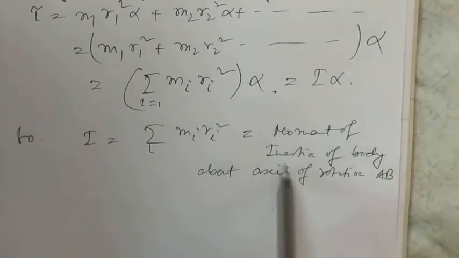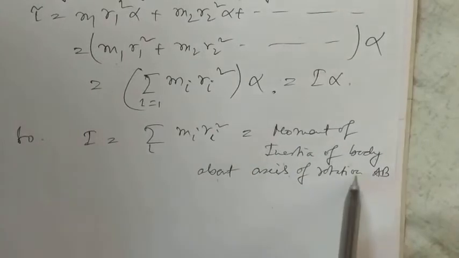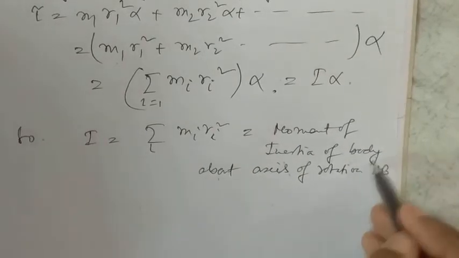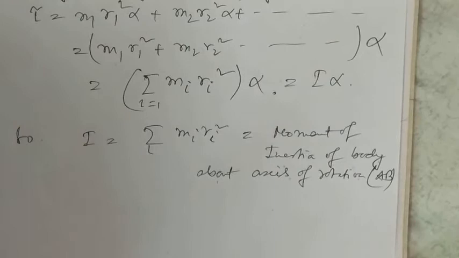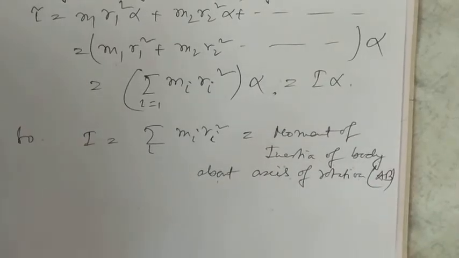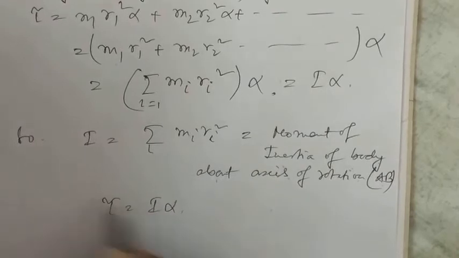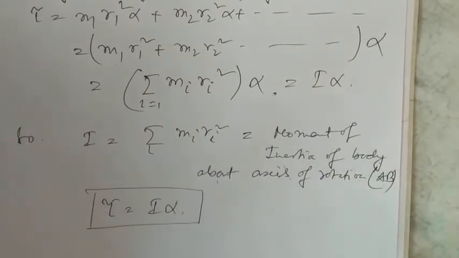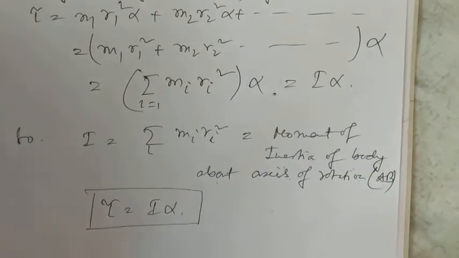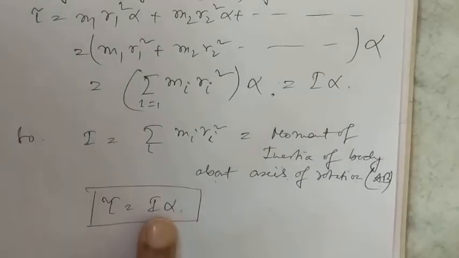So this is the moment of inertia of the body about the axis of rotation, that was AB. So we can define torque in terms of moment of inertia: tau will be equal to I into alpha. This is the formula for torque when we are relating it to rotational motion. This is the relation between torque and angular acceleration.